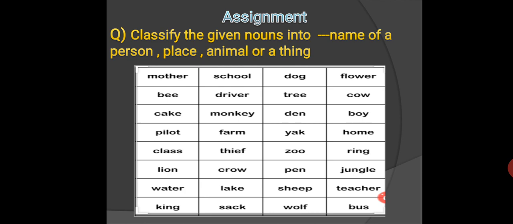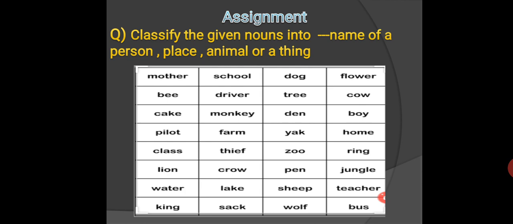Mother, school, dog, flower, bee, driver, tree, cow, cake, monkey, den, boy. Fourth line now: pilot, farm, yak, home, class, thief, zoo, ring, lion, crow, pen, jungle, water, lake, sheep, teacher, king, sack, wolf, bus.